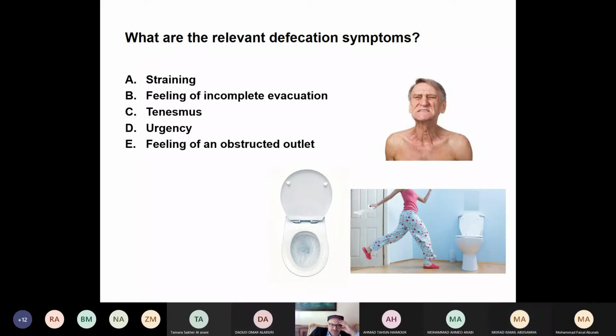In the large. In the colon. If somebody is having a problem in the small intestine, the patient will feel that his outlet is obstructed.